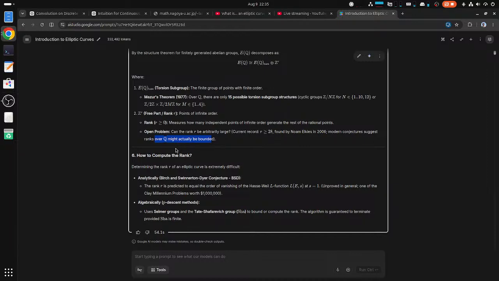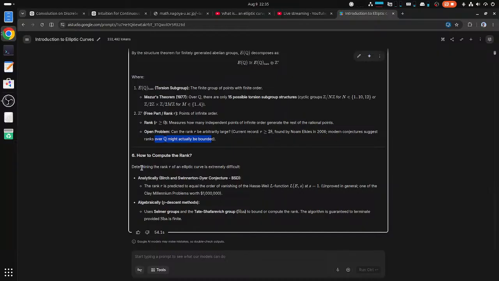So how to compute the rank? Determining the rank R of an elliptic curve: the Birch and Swinnerton-Dyer conjecture.